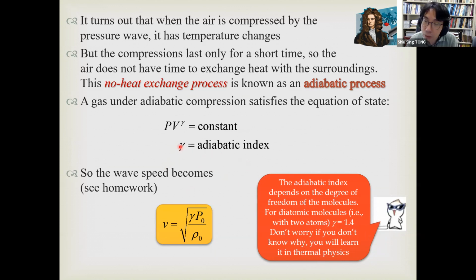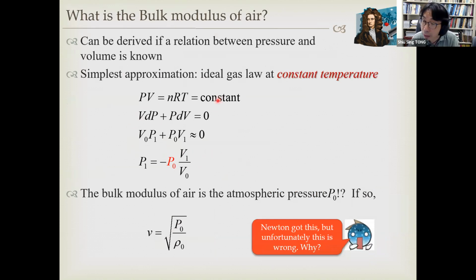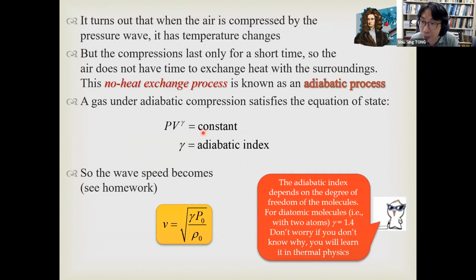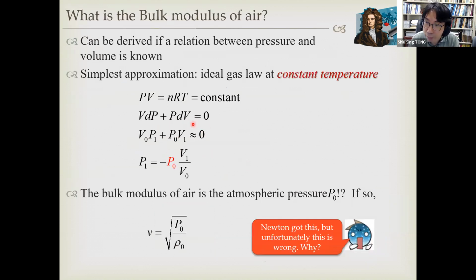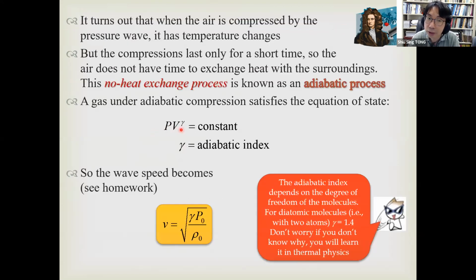Now, if I follow this equation, instead of PV equal to constant, now I follow PV^gamma equal to constant, and then I do the same derivation as before. I just differentiate this, and I find that P1 will be equal to minus B, V naught over B, V1 over V naught, and I can identify my B. I will find that the bulk modulus B is gamma P naught, which is larger than the atmospheric pressure, because gamma is larger than 1.